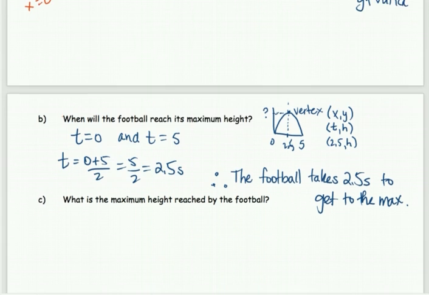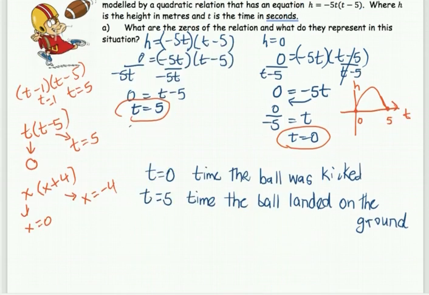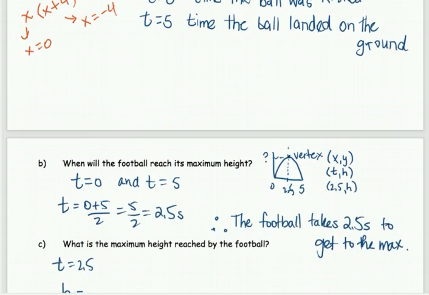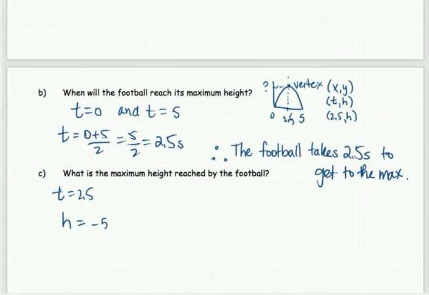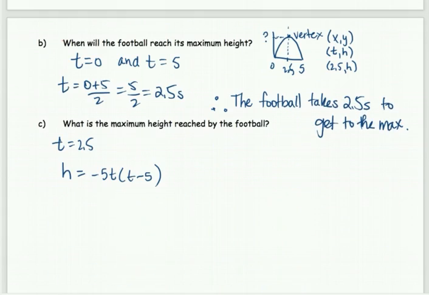We're going to do that down here. We know the time is 2.5. We know the equation, which we have from the beginning: negative 5t times t minus 5. Yeah, there's our equation. We know the time, so all we do is plug it in and we'll find the height.